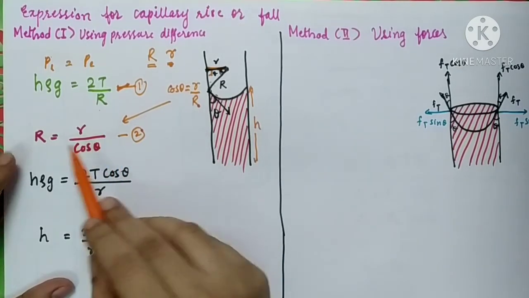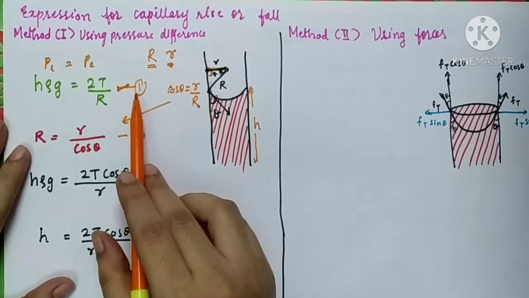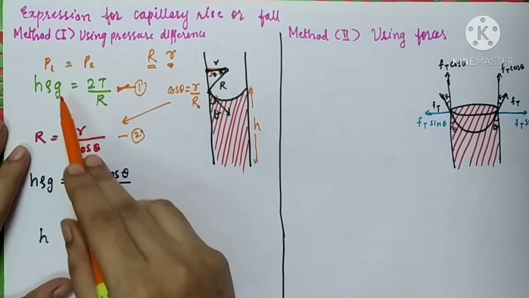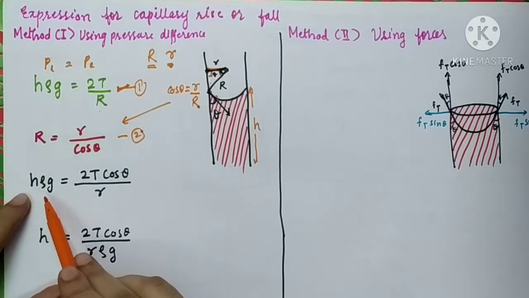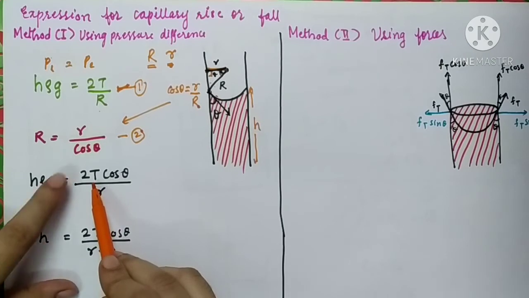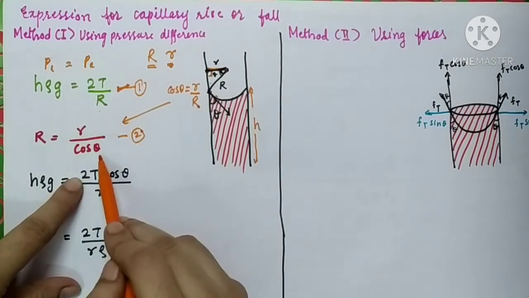Now keeping the value of capital R in equation 1, our equation 1 will become h rho g on the LHS, which will remain as it is, is equal to 2T, which will remain as it is, and in place of capital R we write small r upon cos theta.